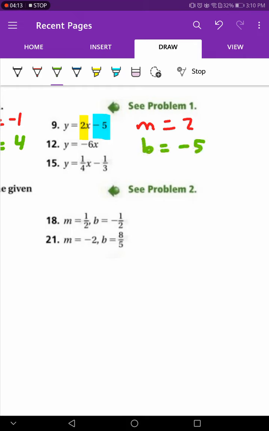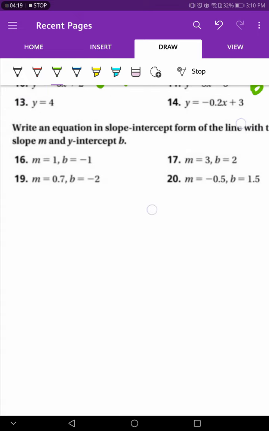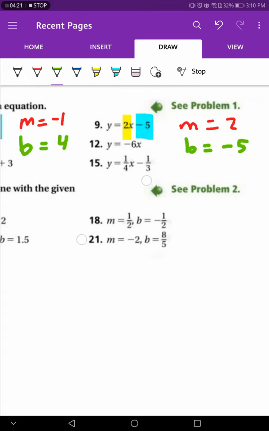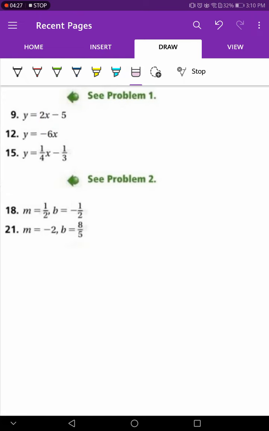Okay, let us move to question number 13, or no, I will move to question number 12. Number 12, y equal negative 6x. So m equal negative 6 and b equal what, my dear student?